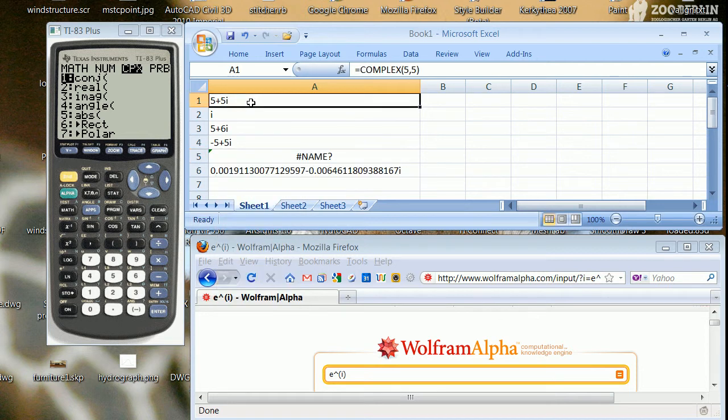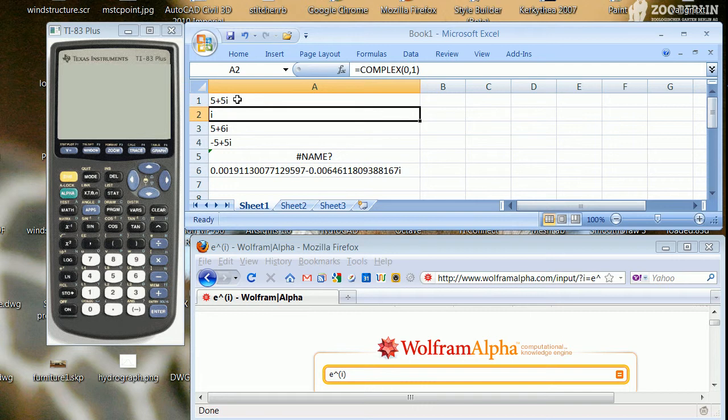So for instance here, we defined basically a complex number, 5 plus 5, which would be 5 plus 5i, which would be a line that's added 45 degrees to the real axis, and then another number using the function complex, which would be in fact 90 degrees up.